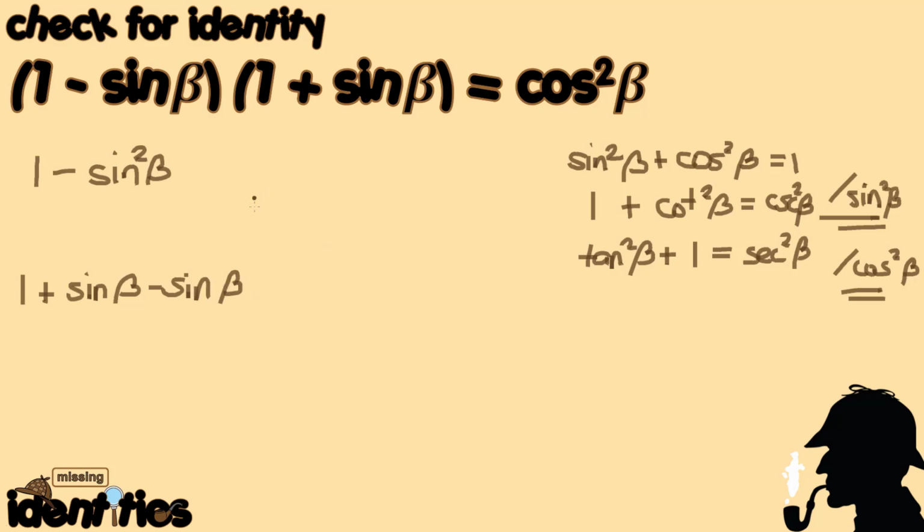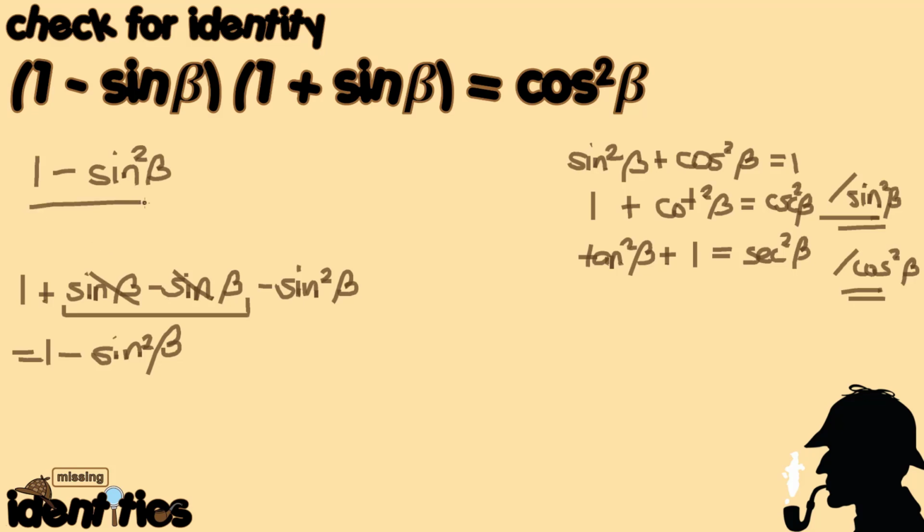And we have here negative sine beta times positive sine beta is negative sine squared beta. But you could see that these two are opposites, so you could cancel them out, leaving a result of 1 minus sine squared beta. Hence, this form here. This is just the FOIL method, but this is the direct result by the difference of two squares.